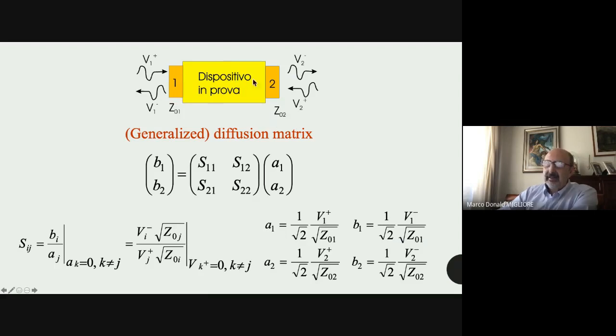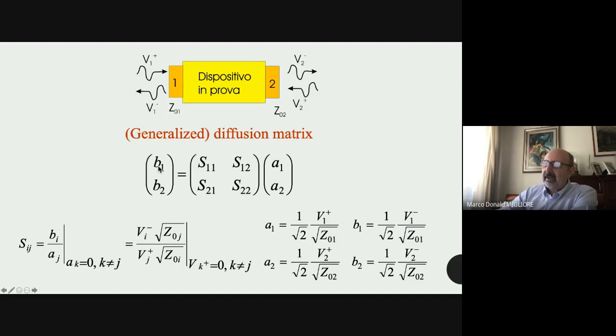This device is linear, so we can represent it using a matrix, and this is called the scattering matrix. In measurement, we use a generalized scattering matrix in the sense that instead of considering the voltage, we consider a quantity that is proportional to the voltage wave.